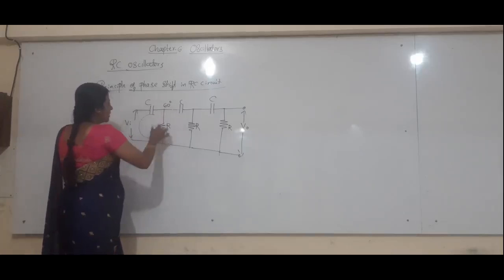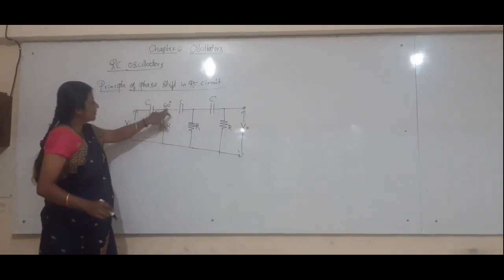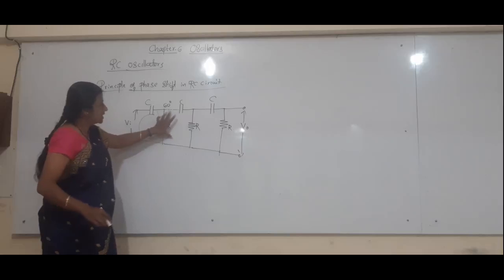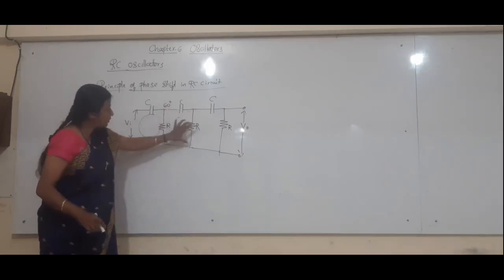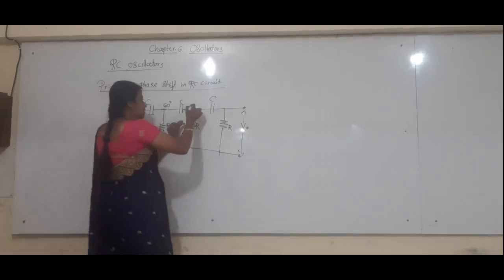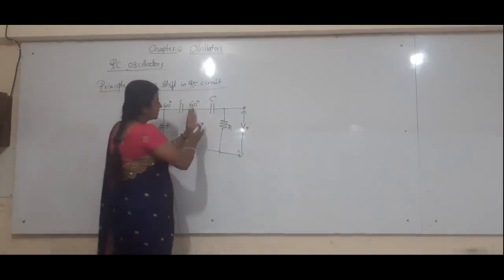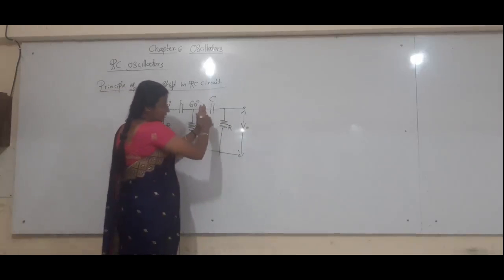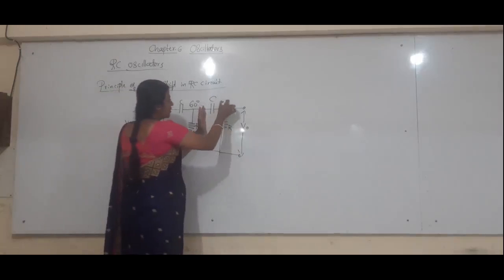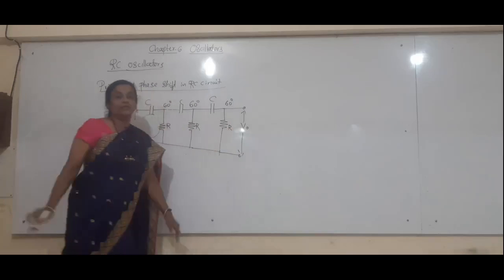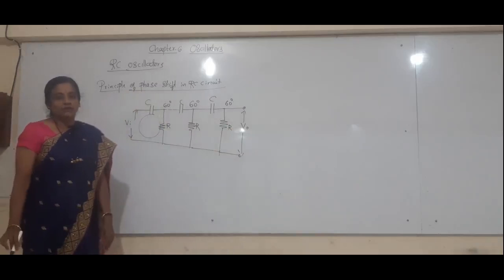That signal is applied again to one more RC network, which also produces a phase shift of 60 degree. Further, that output signal is applied to the next network, which also produces a phase shift of 60 degree by properly selecting the values of R and C.